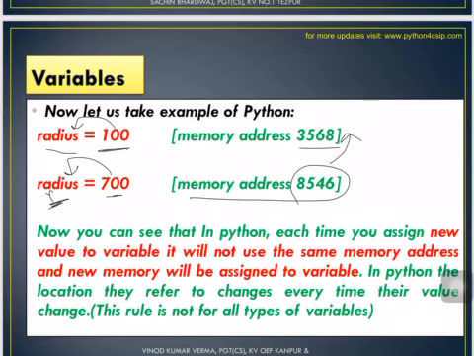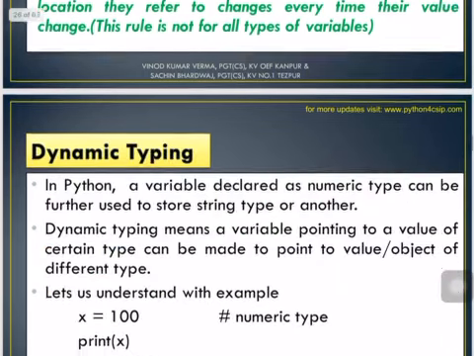Please understand here, each time you assign a new value to a variable, it will not use the same memory location, and new memory will be assigned to the variable. Every time you assign a new value to a variable, it will take a new memory location. So please do remember this, as when we have to find out the output of a question, you may be required to use all these concepts.